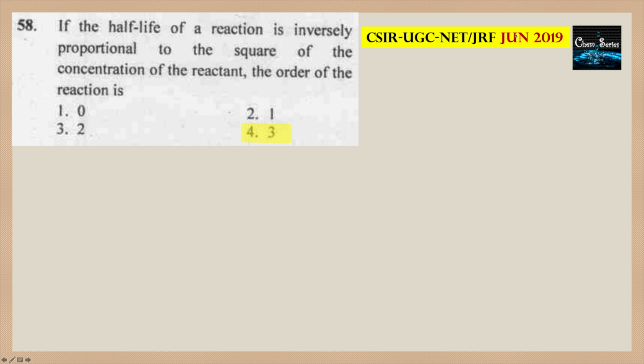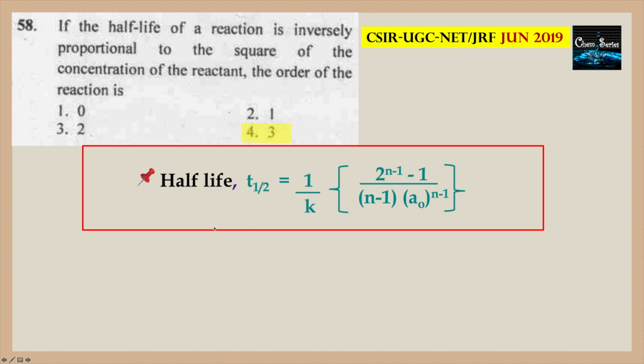This is from CSIR June 2019. If the half-life of the reaction is inversely proportional to the square of the concentration of the reactant, the order of the reaction is. So you take half-life and work it out for all the orders.